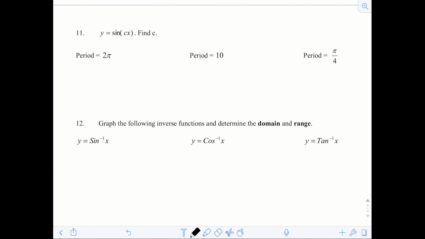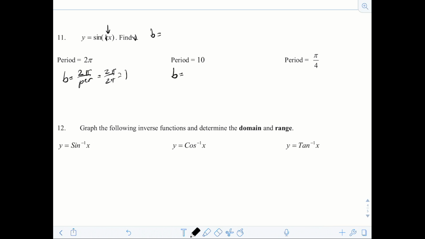Okay, number 11. So in this case, we are trying to figure out, in a sense, the b value. If the c value kind of annoys you, just change it to be b. So it is going to be how to figure out the b value. Well, the b value is 2 pi over the period, which is going to be 2 pi over 2 pi, which is just going to give us 1. Over here, b is going to be equal to 2 pi over 10, and that's just going to be pi over 5.